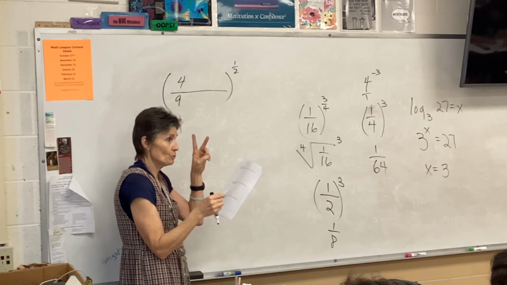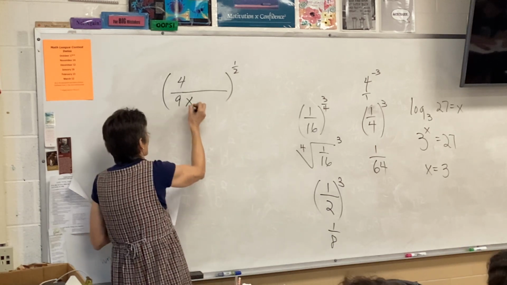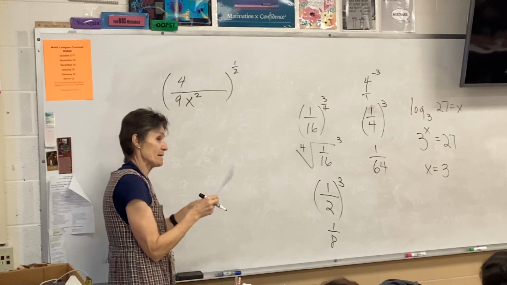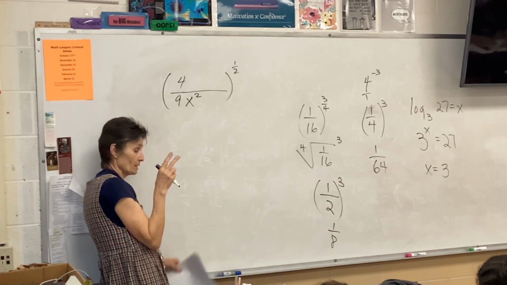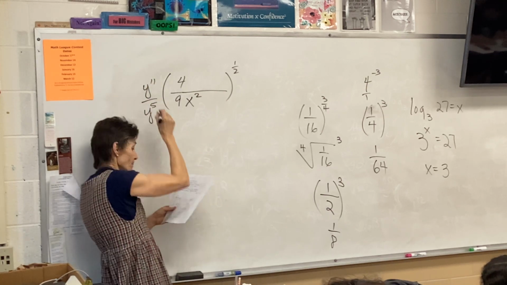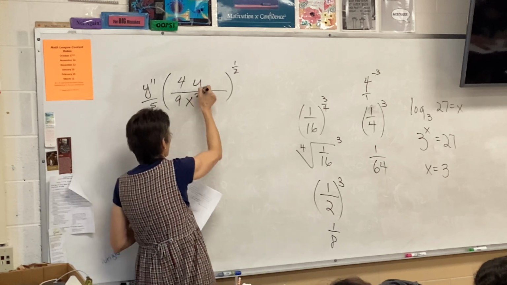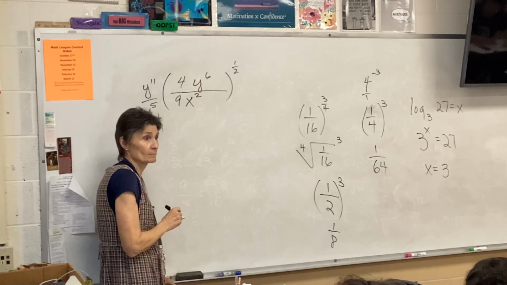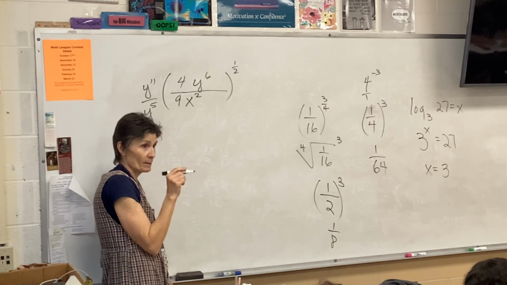I'm gonna have 2 extras on the bottom. Now be careful with your Y's, just like yesterday, they're both switching. So we have 11 of them over 5 of them. So I'm gonna be left with 6 of them on the top. Everybody with me?